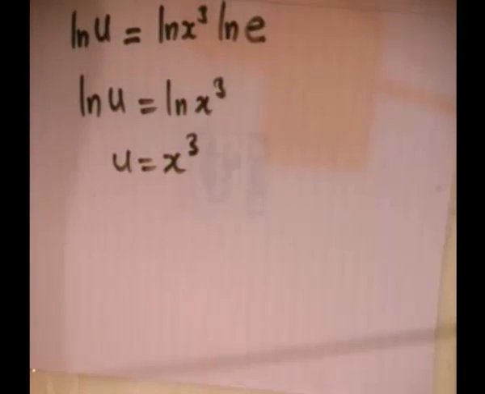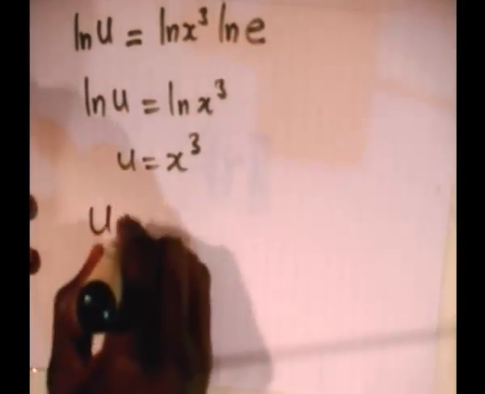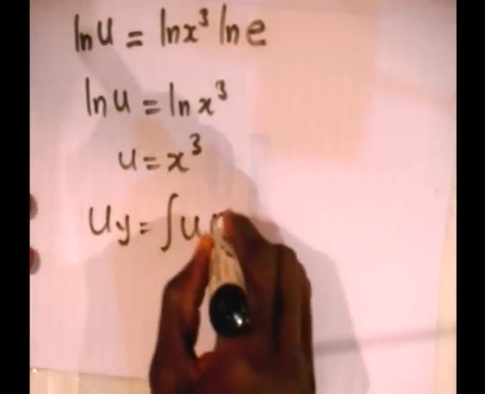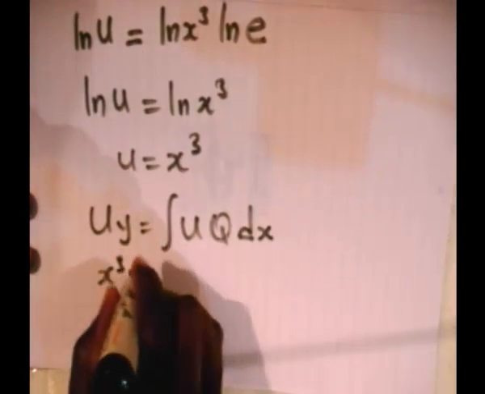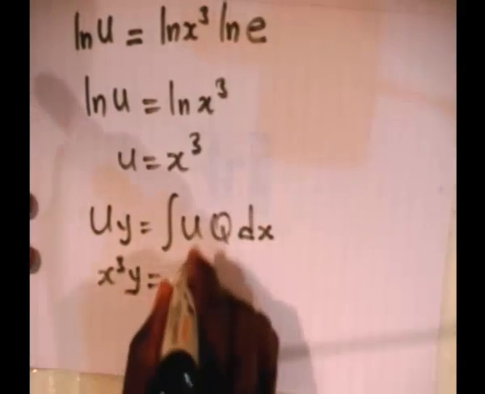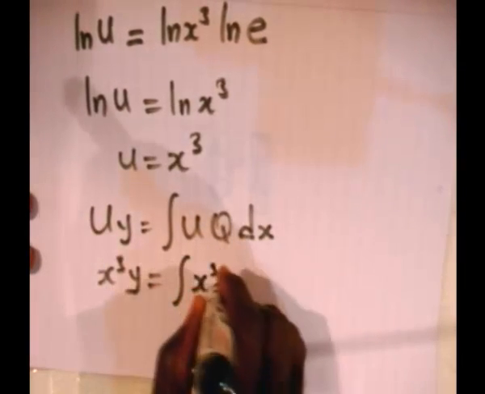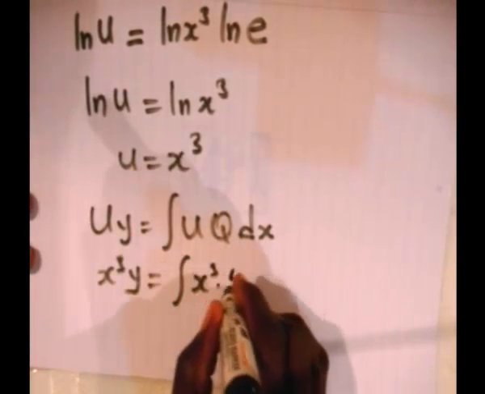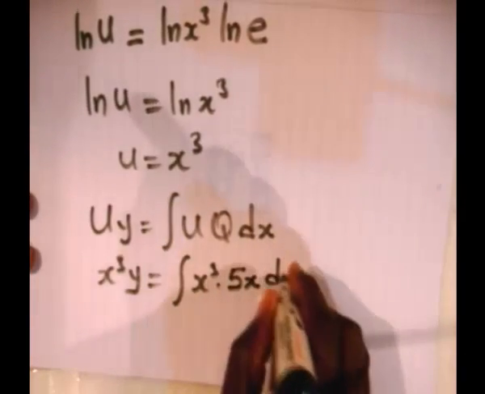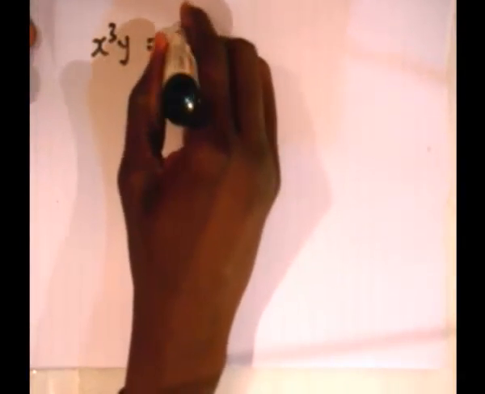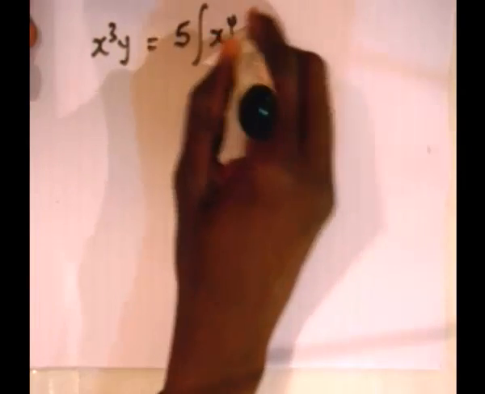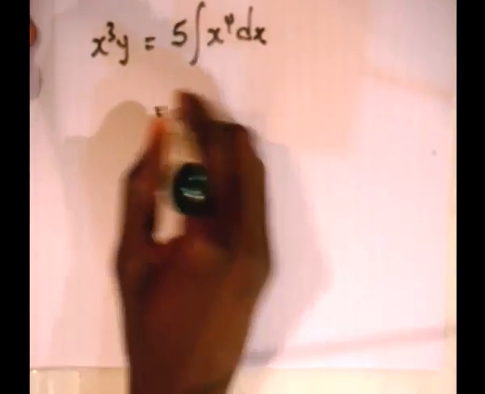The next thing for us is to use the other relationship to get the values of our y, and that is uy equals integral uq dx. Our u is x cubed, so x cubed y equals integral x cubed times 5x dx. x cubed y equals 5 integral x to the 4 dx.